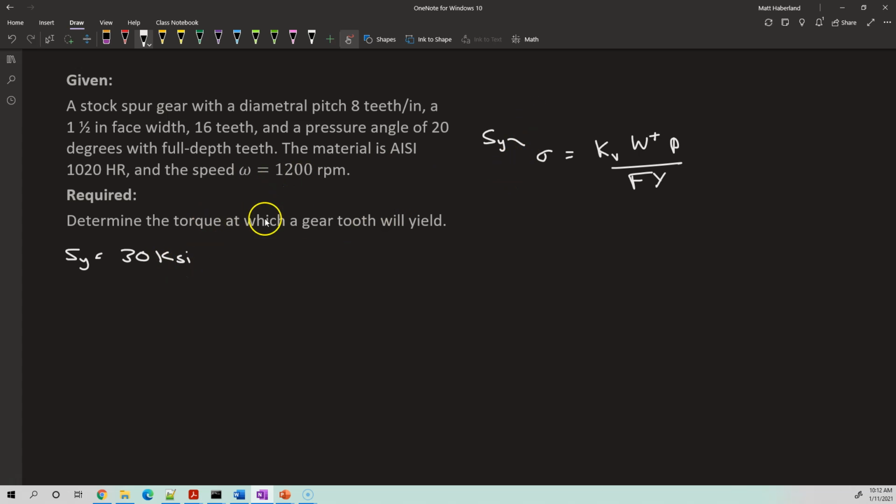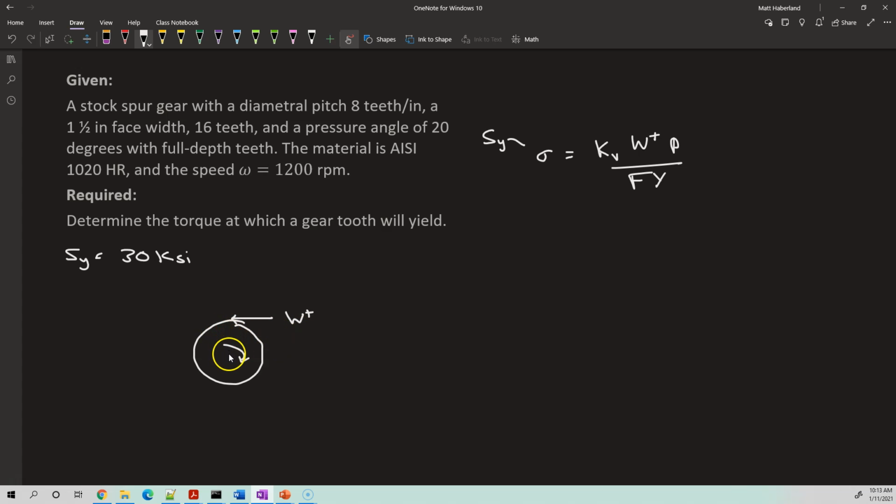Now it says the torque at which a gear tooth will yield. How can we figure that out? The torque causes this tangential force. We've got our circular gear, and we've got some torque that's acting on it, and that's counteracted by equal and opposite torques caused by this tangential component of the force on the gear.